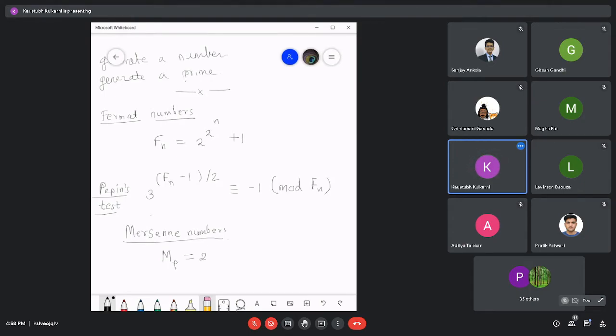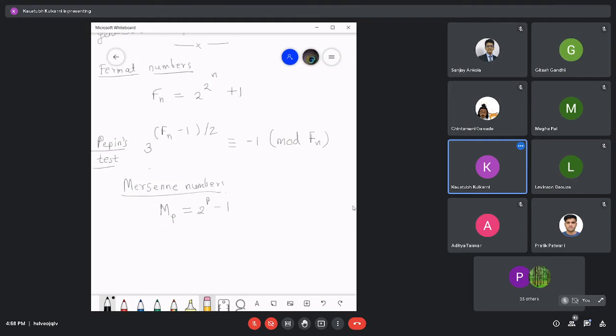So it is 2 raised to a prime number minus 1. As a fact, Mersenne numbers have been used to generate the largest prime numbers.